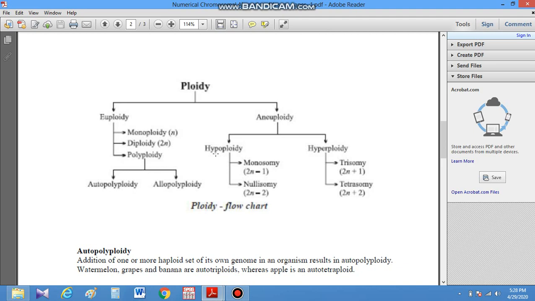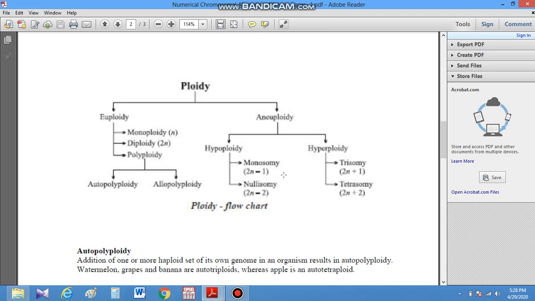Hypo means anything is lost and hyper means anything is gained. In hypoploidy, there is loss of one or more chromosomes from the basic diploid set of chromosomes, and in hyperploidy there is a gain of one or more chromosomes to the diploid set. Hypoploidy is of two types, monosomy and nullisomy.